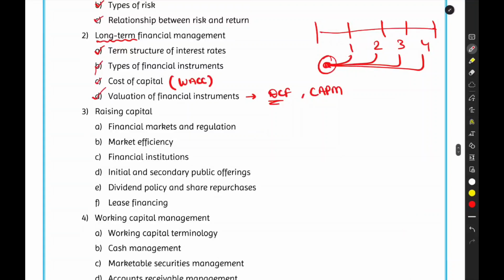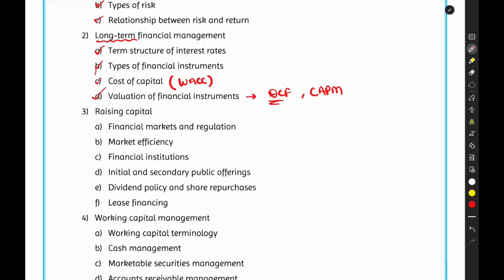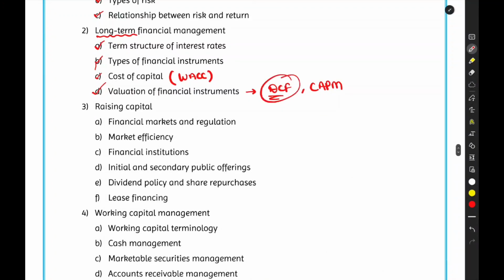Then we calculate the present value of inflows minus the present value of outflows. If that is a positive value, it is a favorable project. If it is negative, it is an unfavorable project. This is basically similar to NPV, net present value calculation. Again, we are going to discuss it in detail in the lectures.